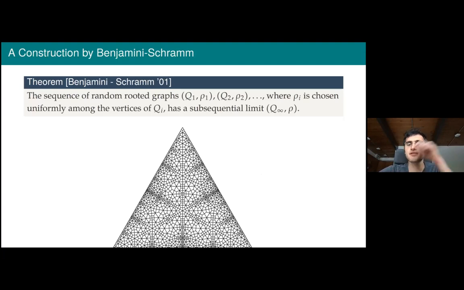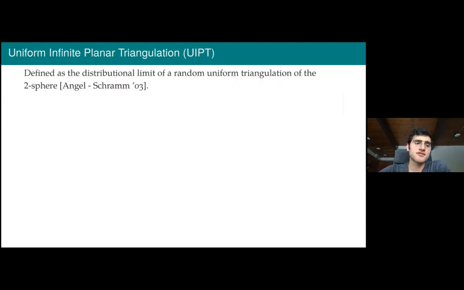If you look at the definition of uniform volume growth and plug in r equals 1, it tells you that a ball of radius 1 should have a constant size. So all such graphs should have bounded degrees. So yeah, here's one such construction.